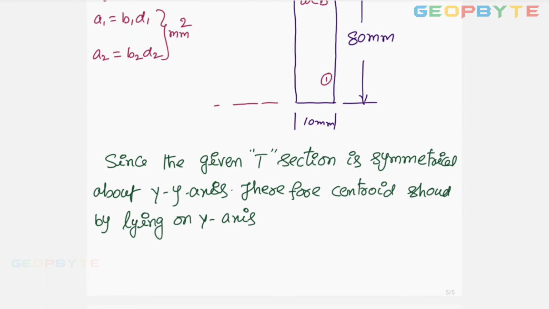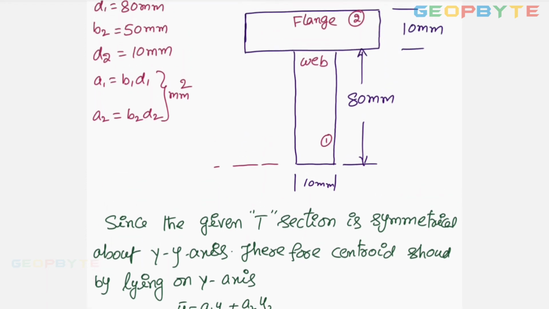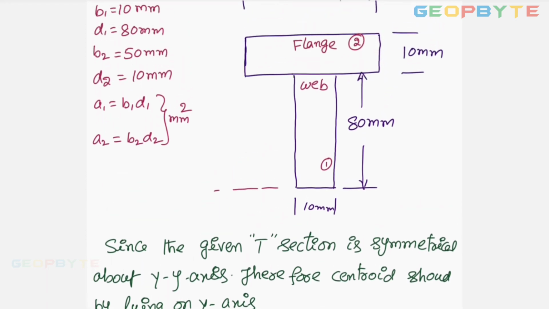Here y bar formula you know it, y bar equal to a1 y1 plus a2 y2 divided by a1 plus a2. For that I need to find y1 and y2. Join the diagonals for section 1. Wherever the diagonals are meeting, that is G1. Then this is the y1. Similarly, join the diagonals for section 2.